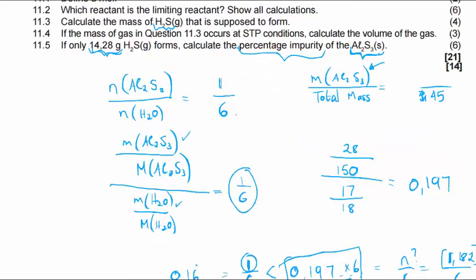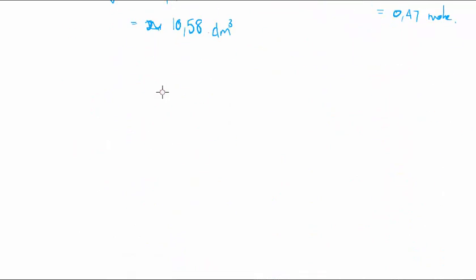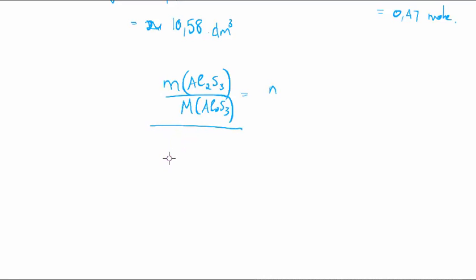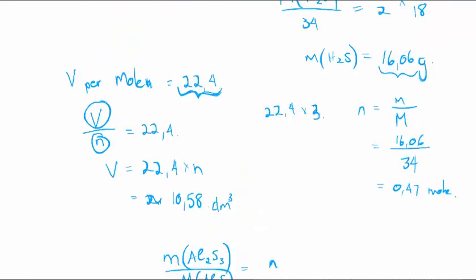So we want to work out the mass used of aluminium sulfide divided by the mass of aluminium sulfide. In other words, this is the n. Divided by, and now what they give us, the mass of H2S divided by the capital mass of H2S. Now this must keep the ratio in the equation.